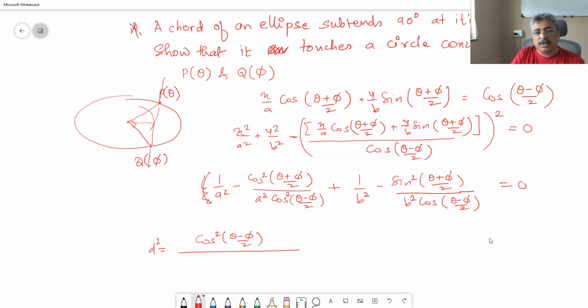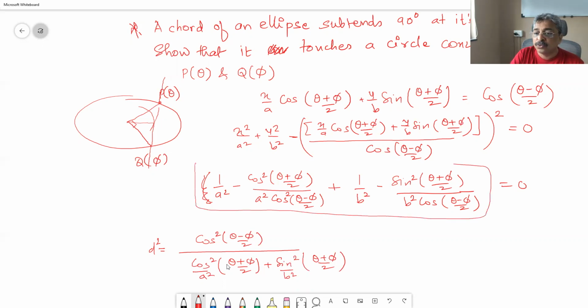In the denominator you have cos square (theta plus phi) by 2 upon a square plus sine square (theta plus phi) by 2 upon b square. This is our denominator, and with this expression, can you show that this is constant?